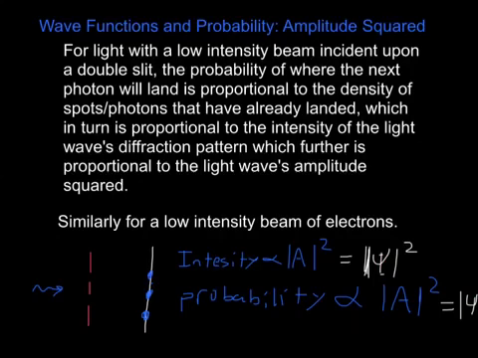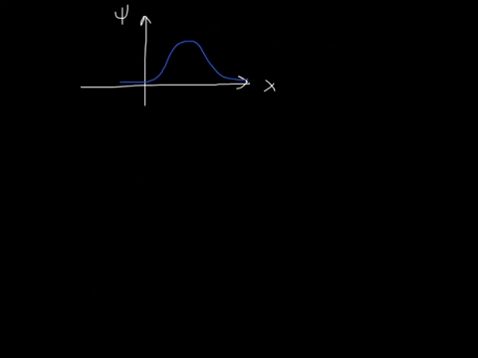We'd like to have an equation ultimately that allows us to calculate probability. So let's go on to the next screen. We'll draw an example wave function, just a quick little wave function that isn't for any specific problem. We'll just make a graph of something, say that it's a wave function, and then we'll talk about some of its properties and how it's related to probability. So suppose we have a wave function that looks like this.